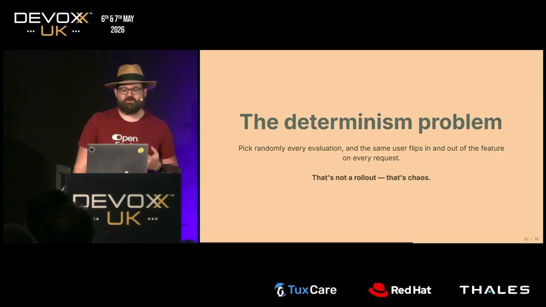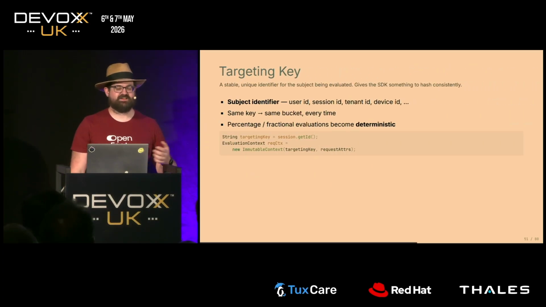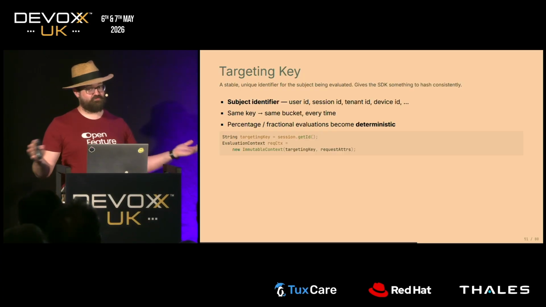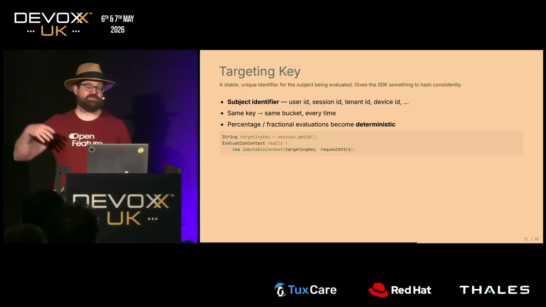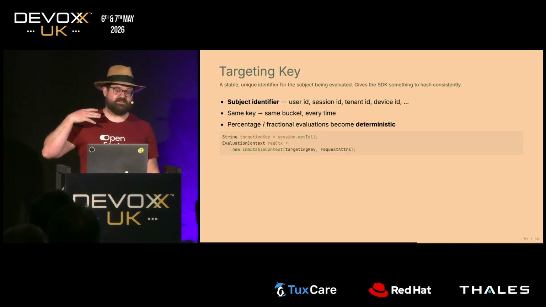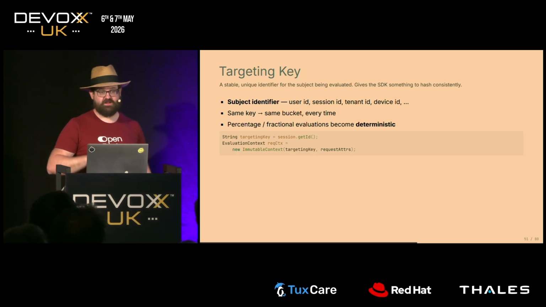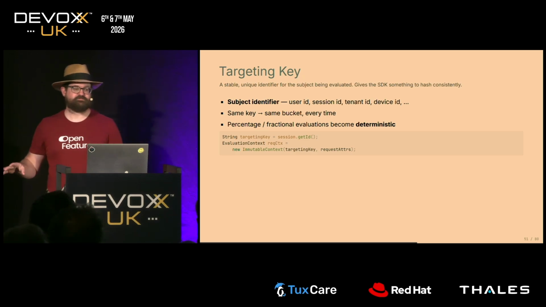And we also thought about that. So we have the concept of the targeting key within OpenFeature, which you can easily set to something you define. You can set it to a random value if you want pure randomness. You can set it to a device ID, a user ID, a session ID. With that, the evaluation always stays the same when you do some kind of bucketing logic, like percentage-based rollouts.